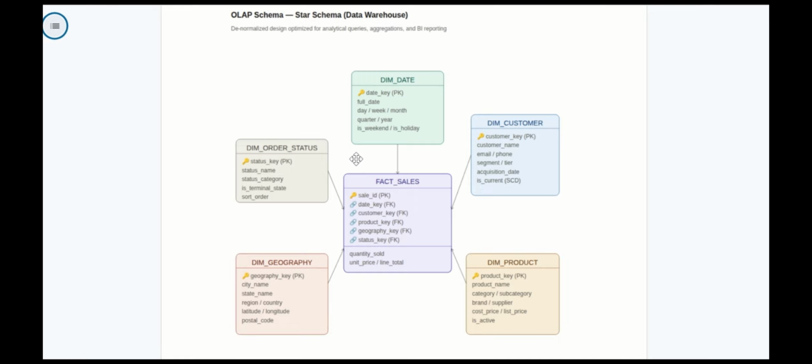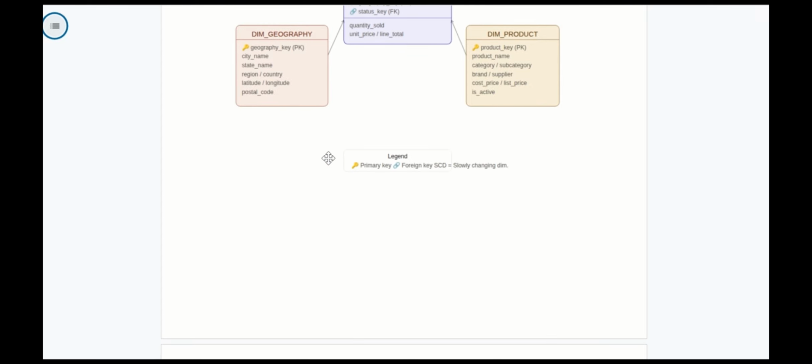This is the structure of our data model in an OLAP system, where we have the facts table connected directly with the dimensional tables. This kind of data model is what we call a star schema. You can see facts is at the center and it's directly connected with all the relevant dimensional tables.